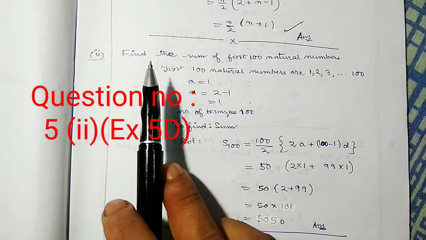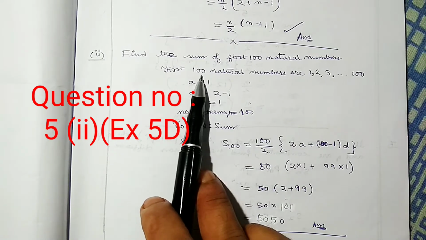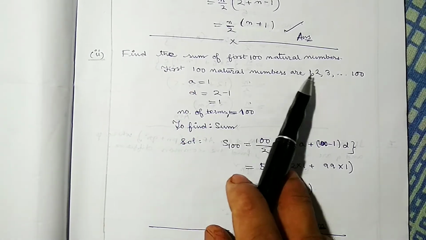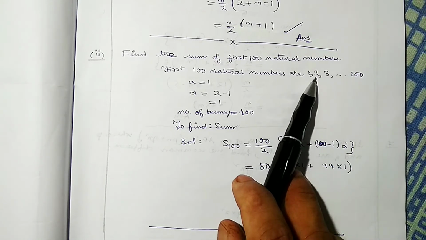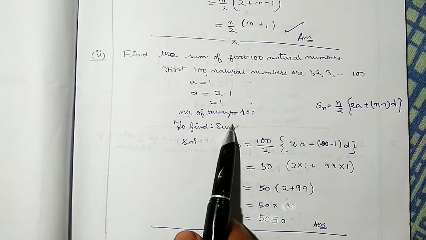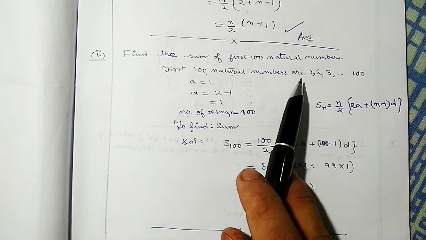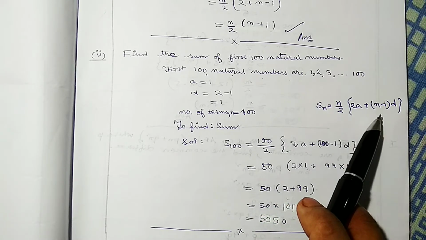Here the question is to find the sum of the first 100 natural numbers, and we know the first 100 natural numbers are 1, 2, 3, up to 100. So a is 1, d is second term minus first term, 2 minus 1, which is 1, and the number of terms is 100. To find the sum of this sequence, we know the sum formula n by 2 into twice a plus n minus 1 into d.